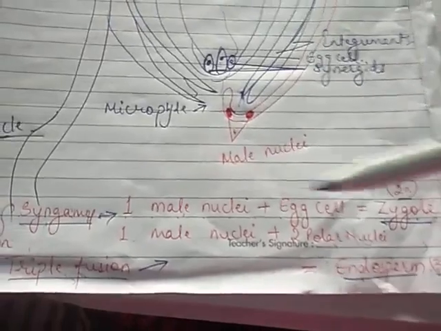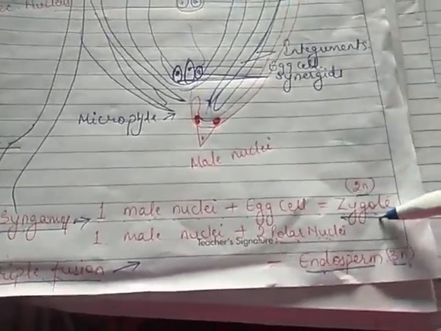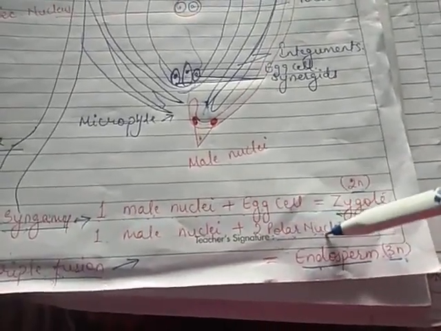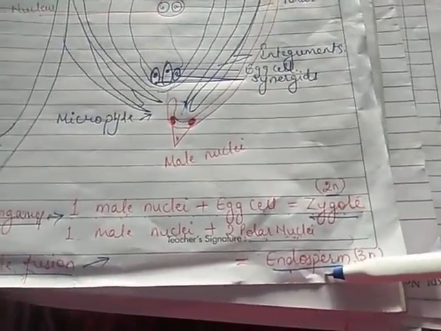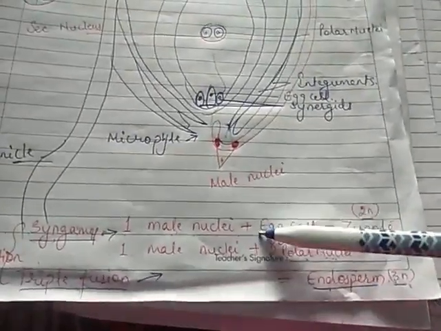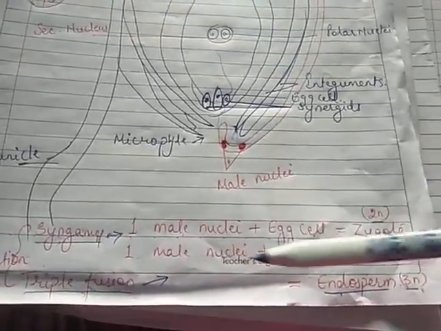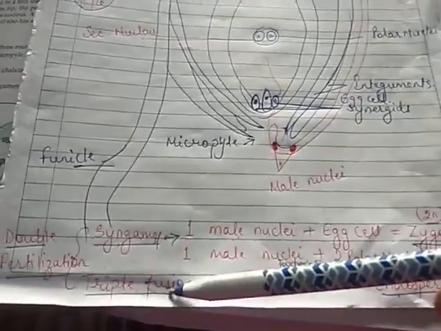So, one male nucleus plus egg cell will give you zygote, and another male nucleus plus 2 polar nuclei combining will give you endosperm. Now, the first fertilization is called syngamy, and the second one, as it involves 3 nuclei, is called triple fusion.